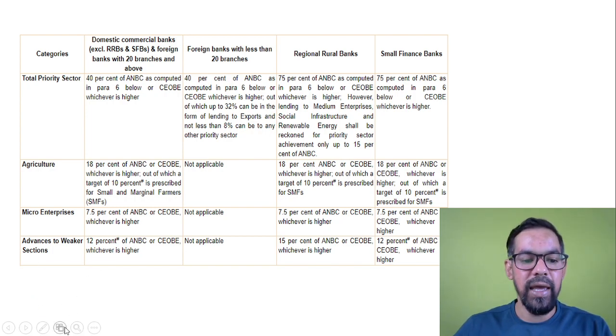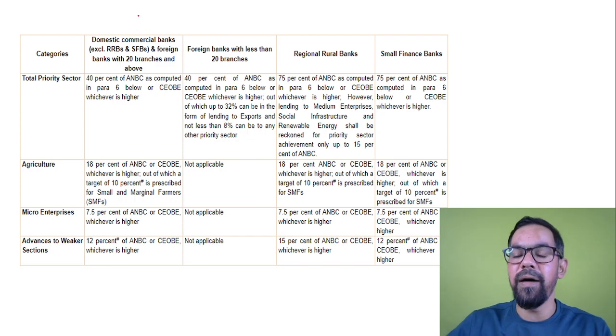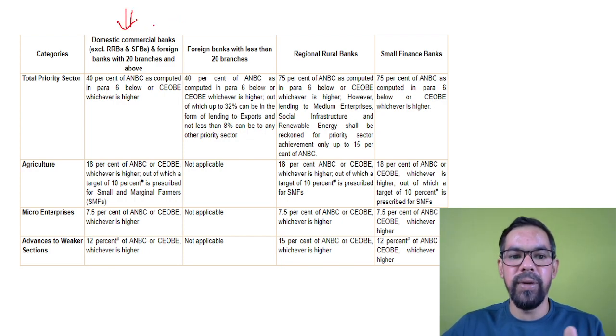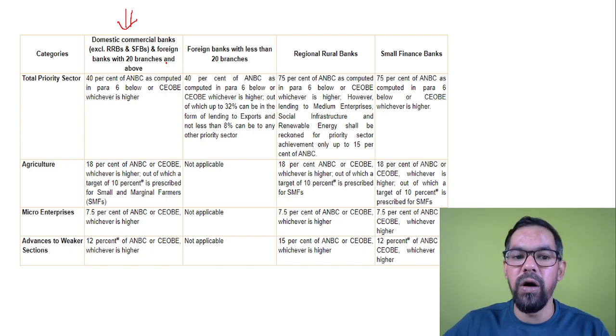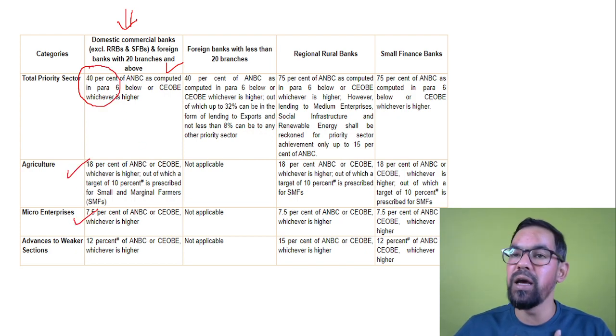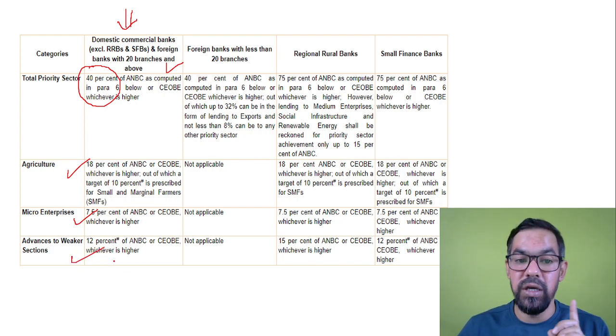So the first category is public sector banks, private sector banks or commercial banks in India, and foreign banks with more than 20 branches. They have to lend 40% of their ANBC: 18% in agriculture, 7.5% in MSME, and 12% for the weaker section.